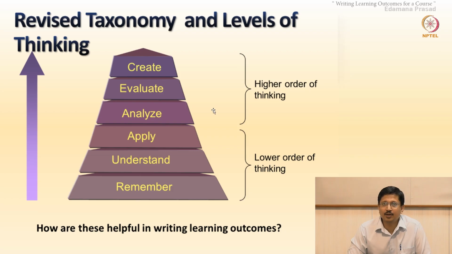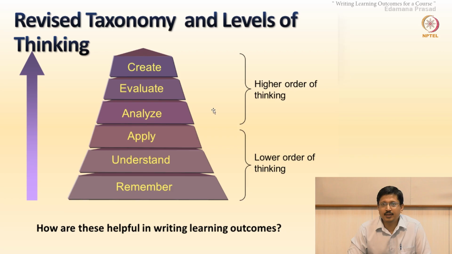I think most of the faculty are now aware that there is a classification of learning levels, and these are the levels. The bottom 3 levels are called lower order thinking, and the top 3 levels are called higher order thinking. Now the question is, how do we use this classification for writing learning outcomes?